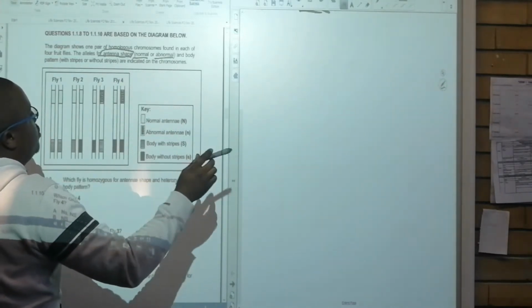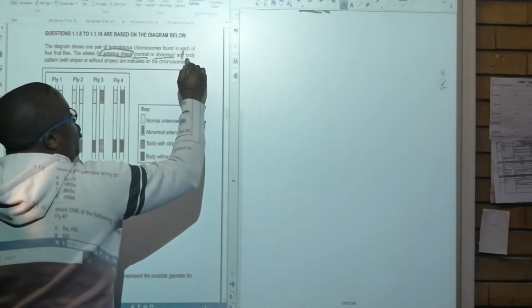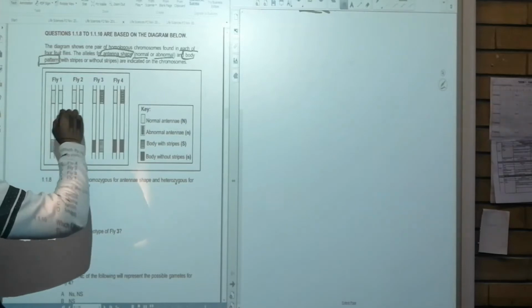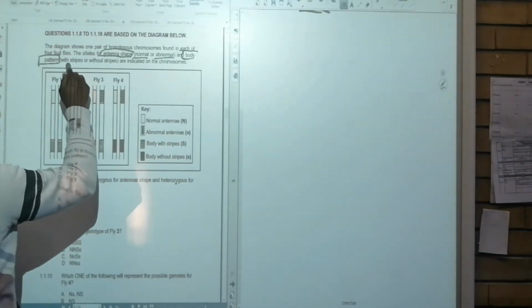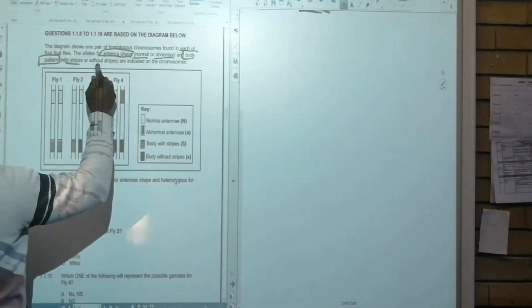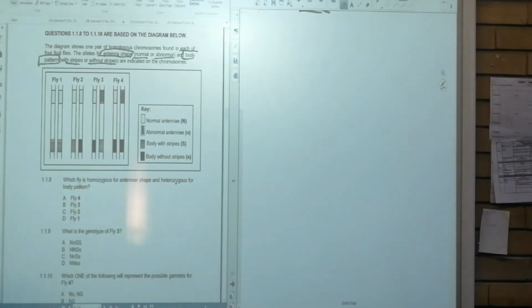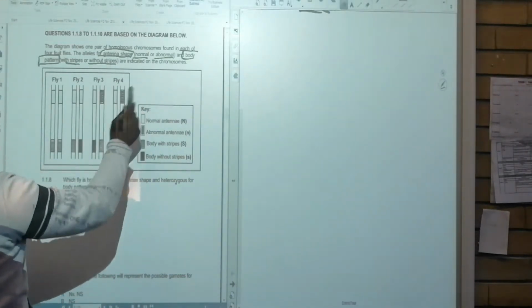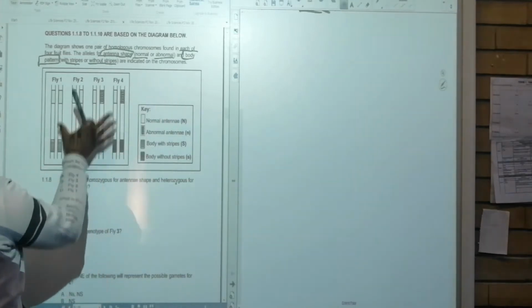And the alleles for body pattern give you an allele that gives you stripes and another one that gives you without stripes. And these alleles are indicated on the chromosomes.